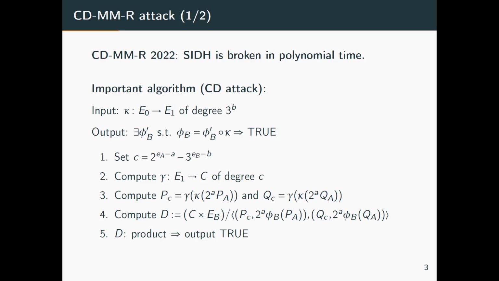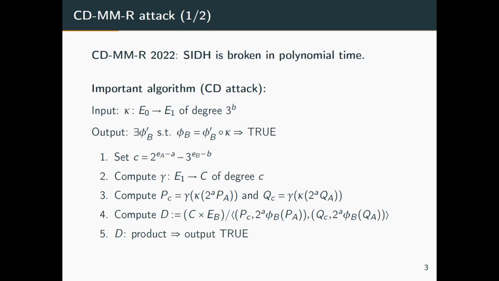First, we compute this C, compute this isogeny of degree C, compute these points, and compute this D. If D is a product of elliptic curves, it outputs true, and if it's not a product of elliptic curves, it outputs false. This algorithm finds the direction of the secret isogeny.